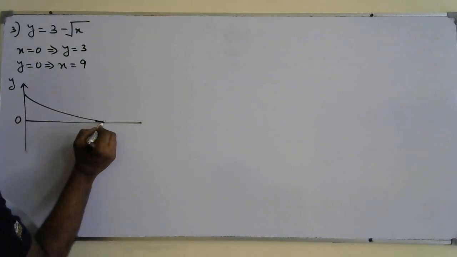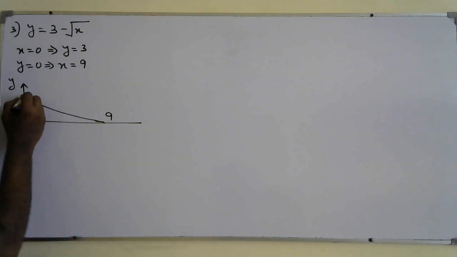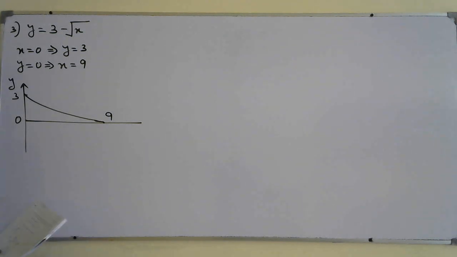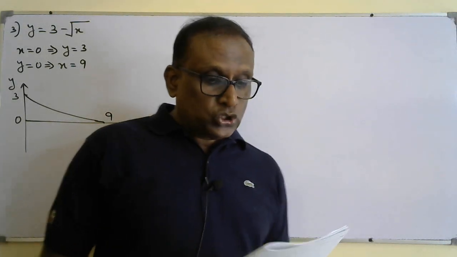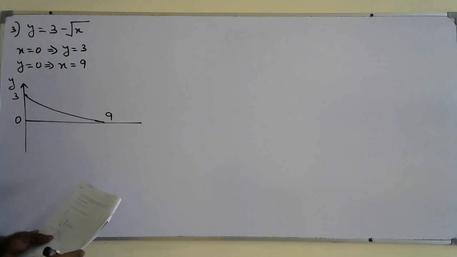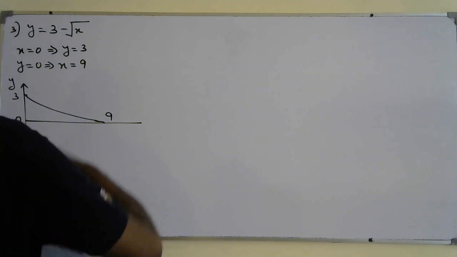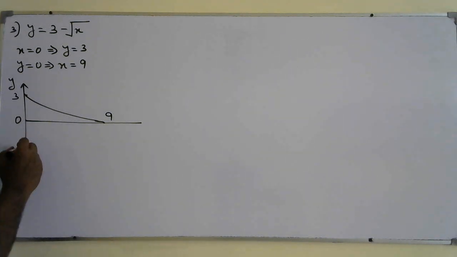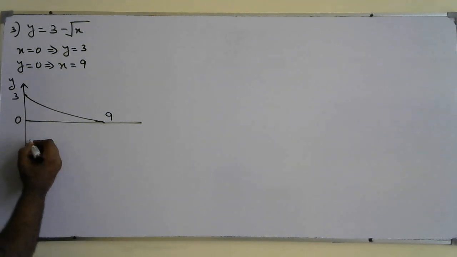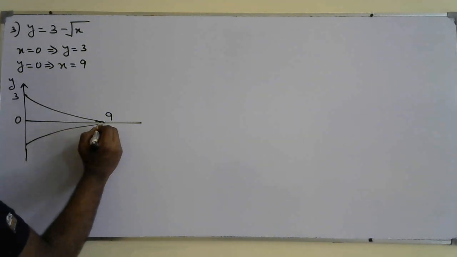It's going to cut the x-axis at 9. This will be 3. They are saying this graph is rotated through 2 pi radians about x-axis. So when they rotate about x-axis, we'll get a shape like this. This is the shape we are going to get.